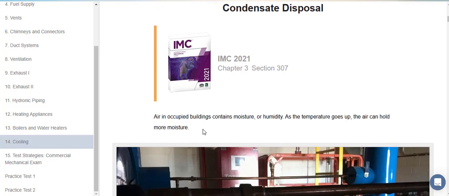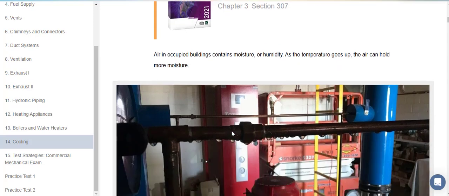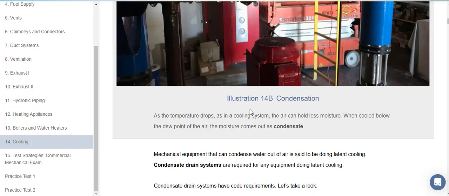Air in an occupied building contains moisture or humidity. As the temperature goes up, the air can hold more moisture. Illustration 14b, condensation. As the temperature drops, as in a cooling system, the air can hold less moisture.